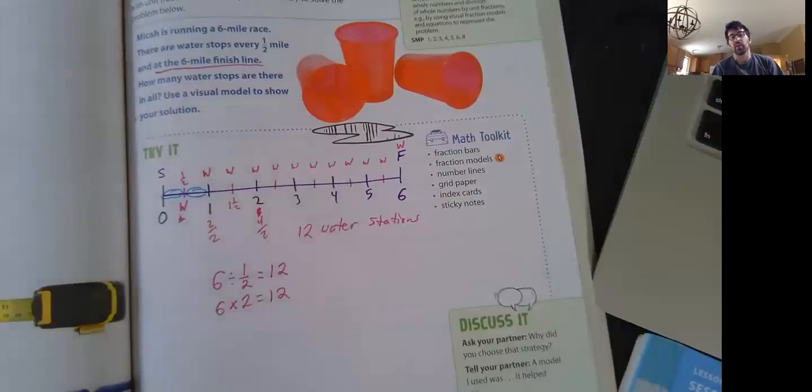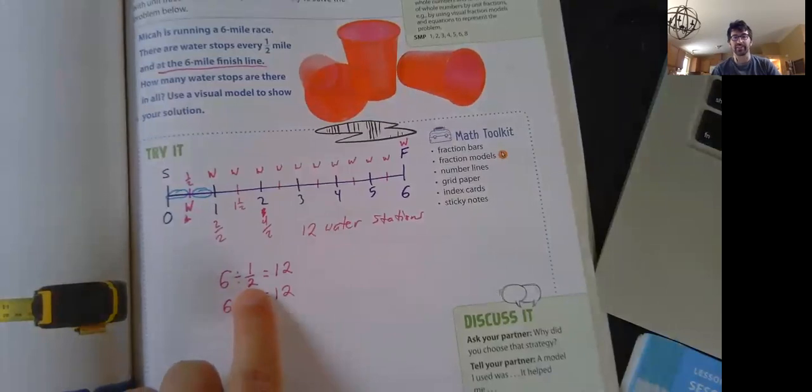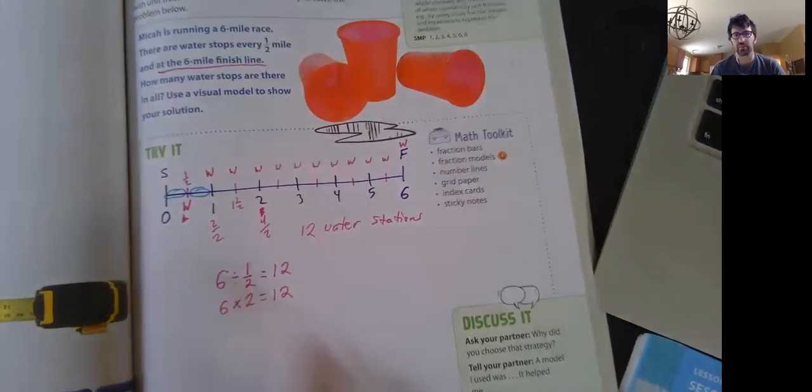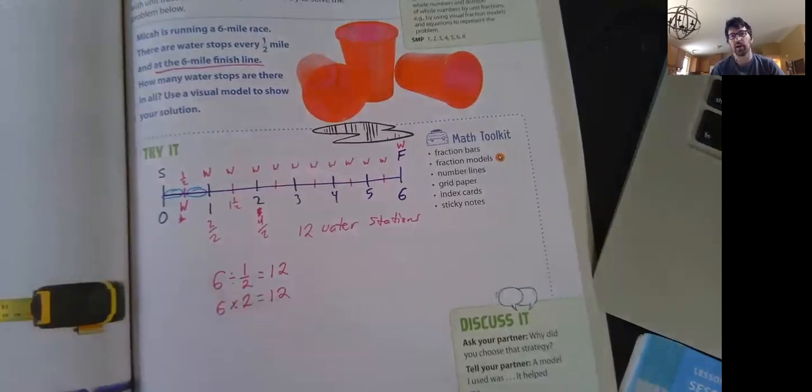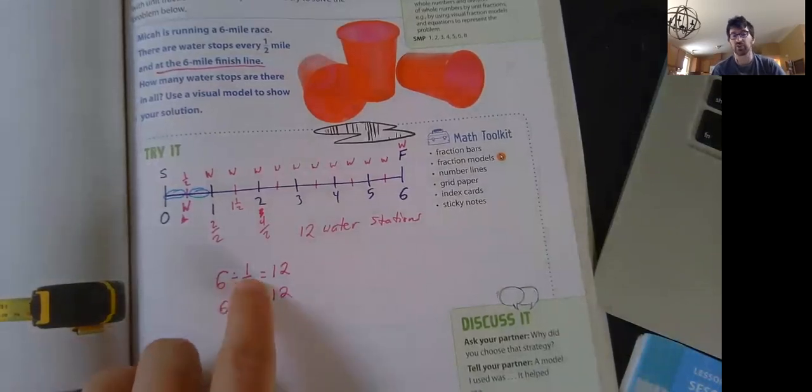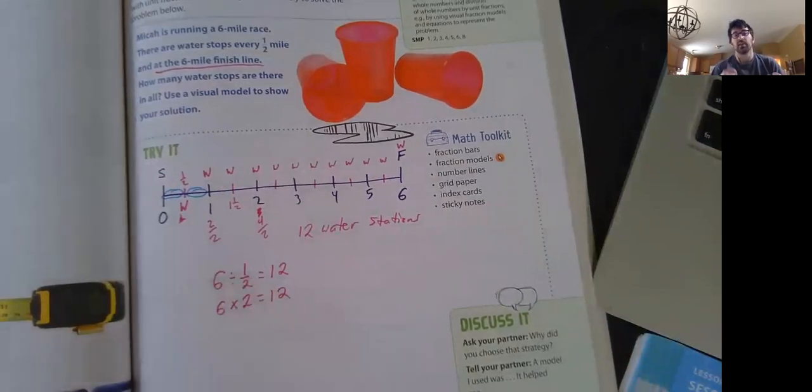And so naturally, when I see this relationship, it doesn't really matter what the fraction is. If it's a unit fraction, I can just multiply my whole number by the denominator essentially, right? Makes life a lot easier. But that works when it's a unit fraction, right? Okay. So, yeah, hopefully that makes sense.